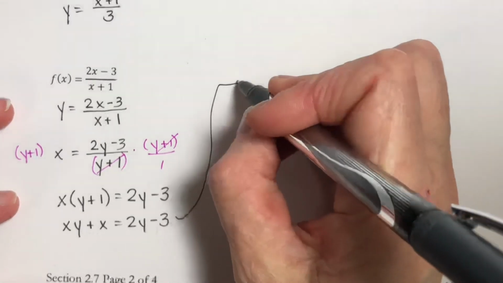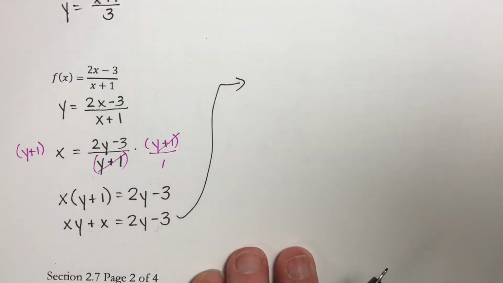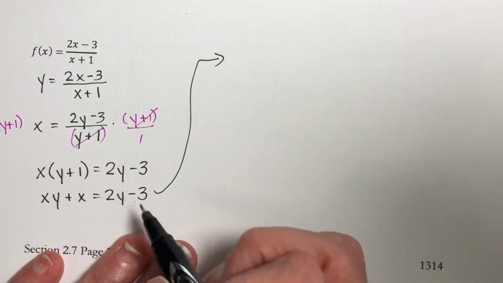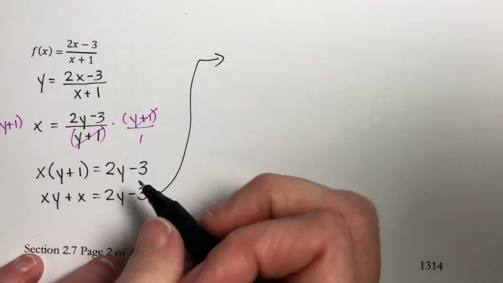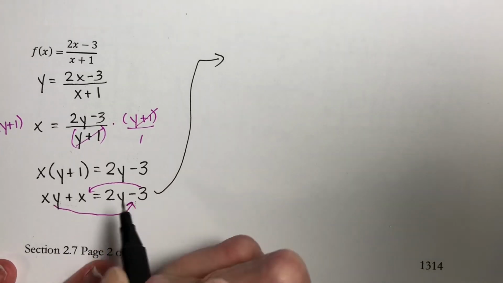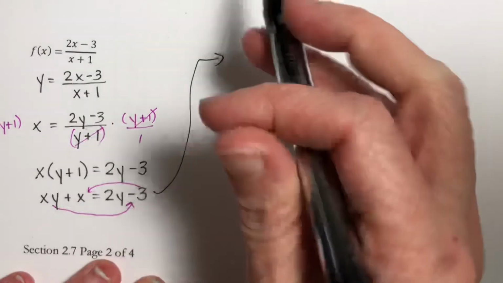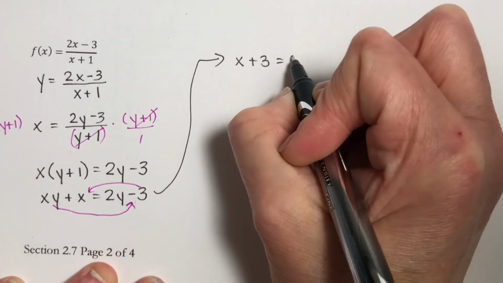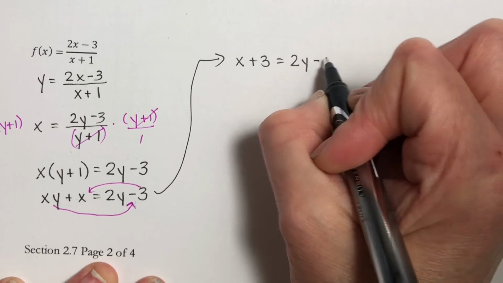Now, we want our y's together because we're trying to solve for that. So let's add 3 to both sides here and subtract xy right here. So I get x plus 3 is equal to 2y minus xy.